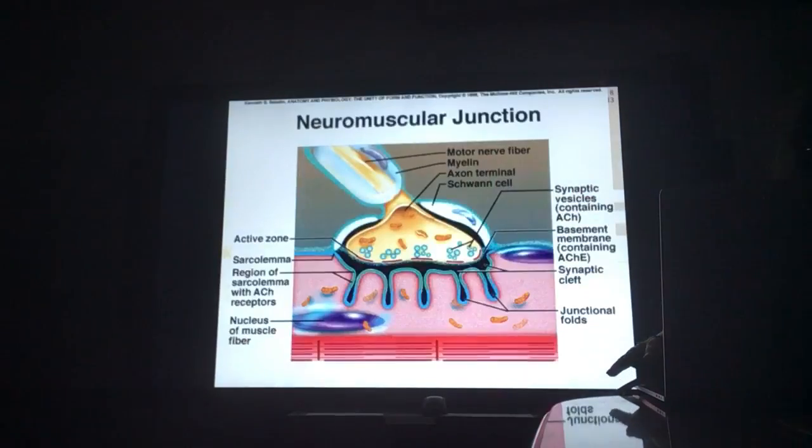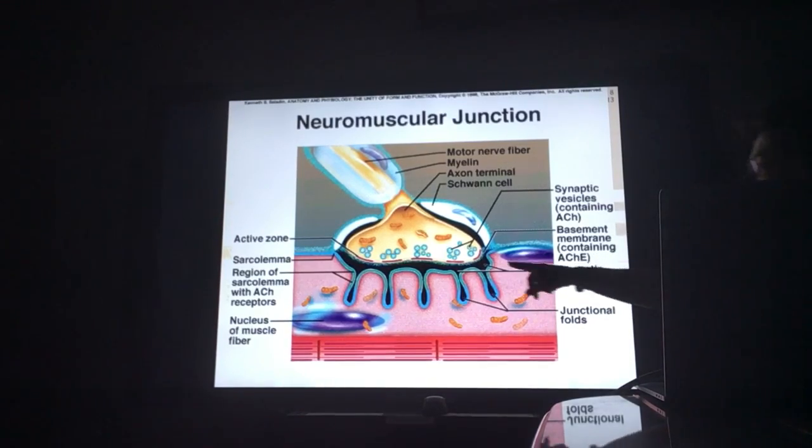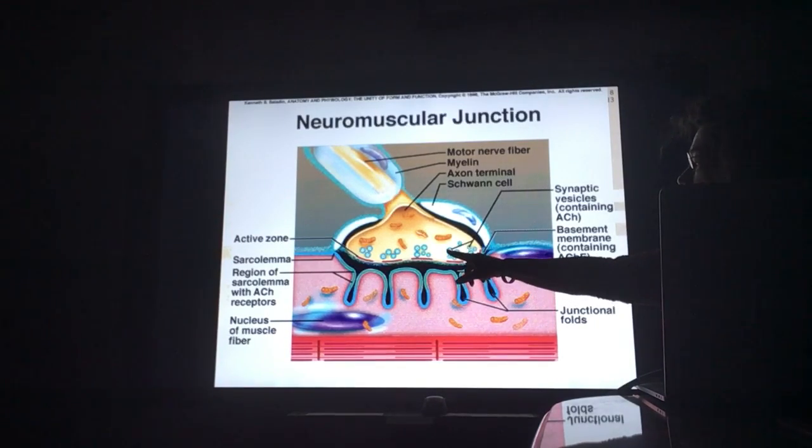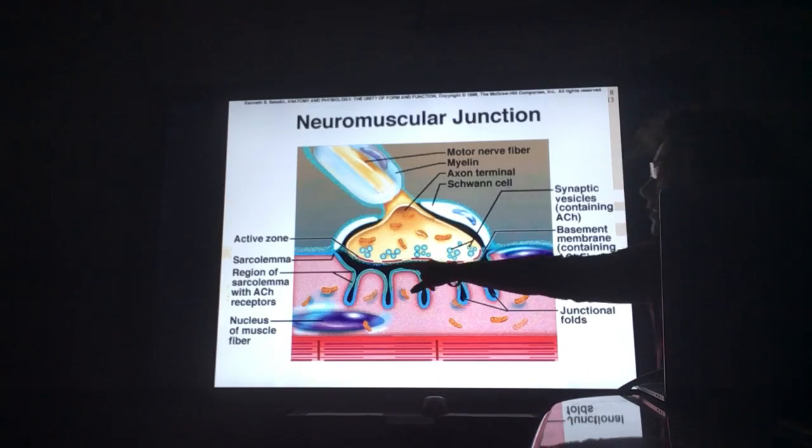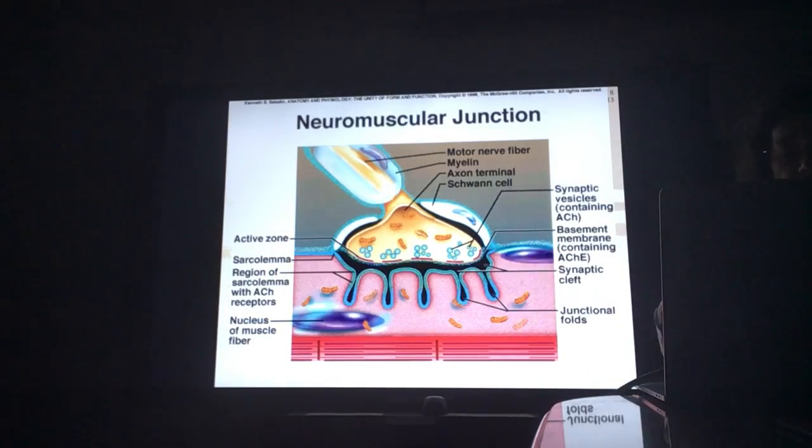And what happens in this area is we have the synaptic vesicles that contain acetylcholine. Here it says containing ACH, which stands for acetylcholine. And we look at the bottom of the axon ending. What I like about this slide is it shows it like a sieve.